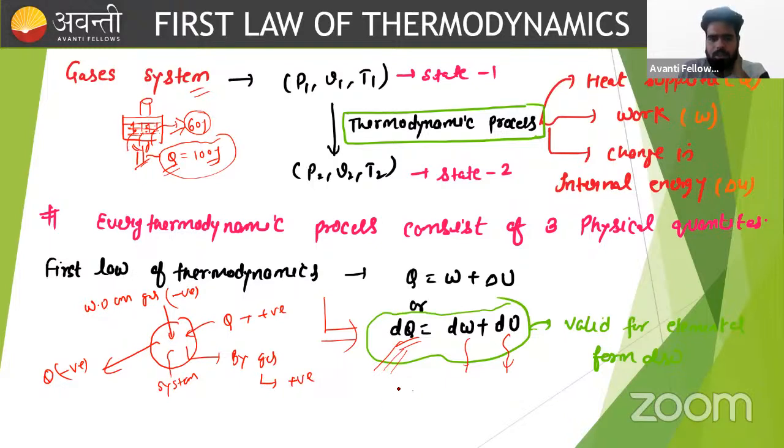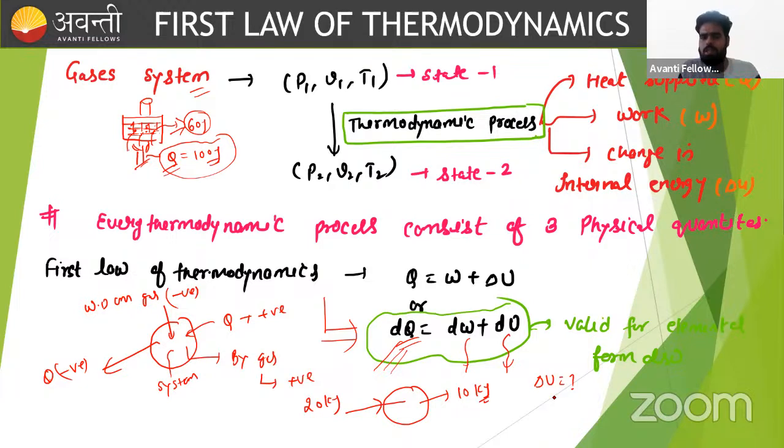Suppose one question: this is a system and we supply heat of 20 kilojoule to the system. Listen to the question carefully. The gas performs work, and the work done by the gas is given as 10 kilojoule. In the question it is asked to find the change in internal energy of gas. So anybody can solve.